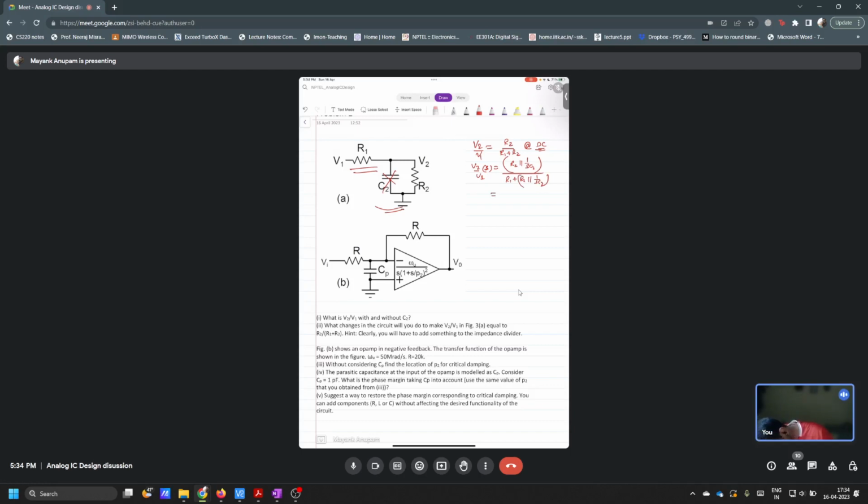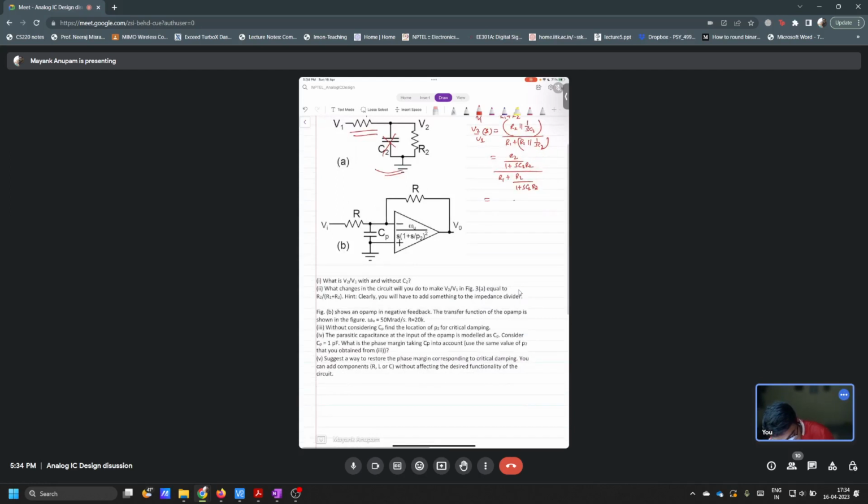What is R2 parallel 1 over SC2? It is R2 by 1 plus SC2 R2, right? Divided by R1 plus R2 divided by 1 plus SC2 R2, correct?